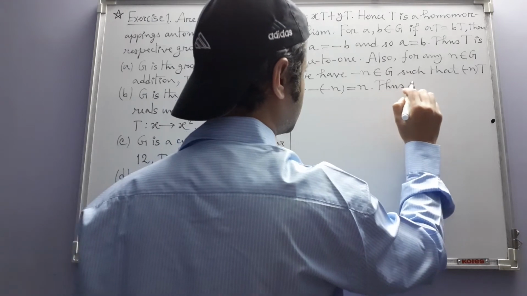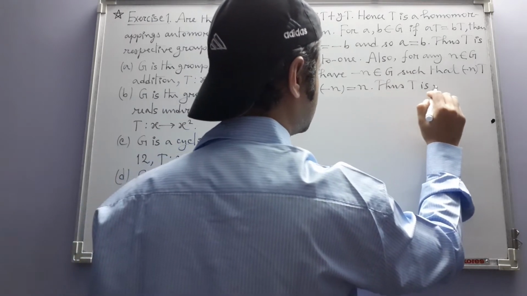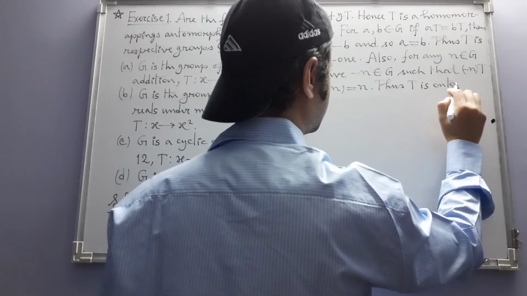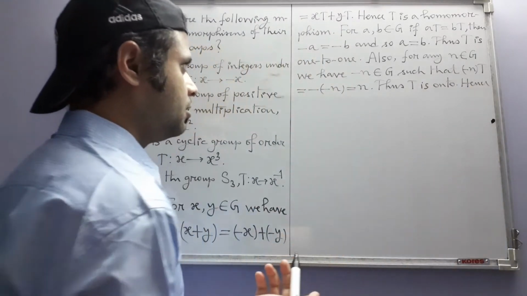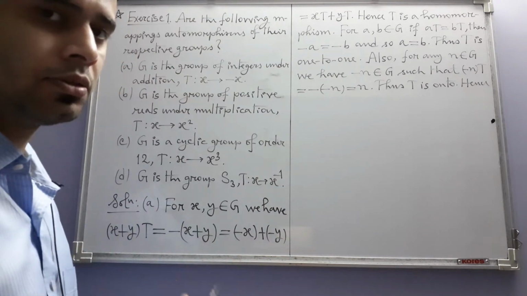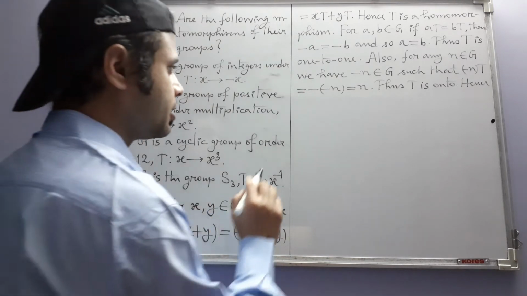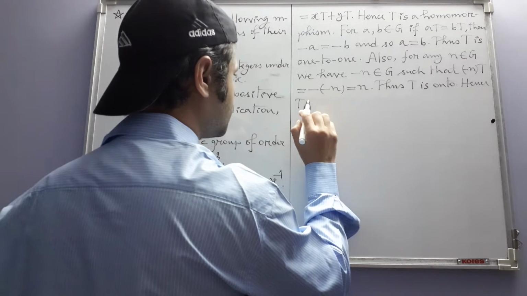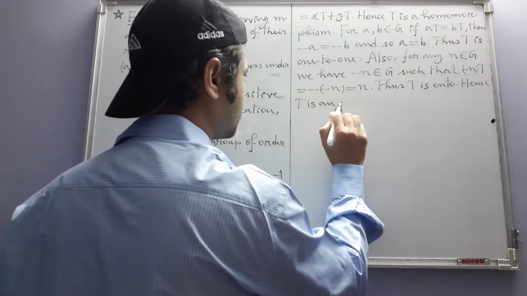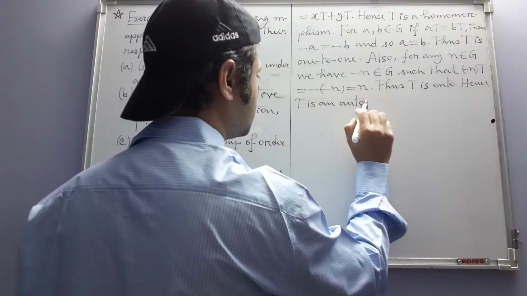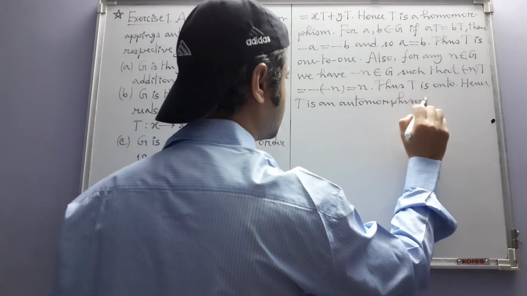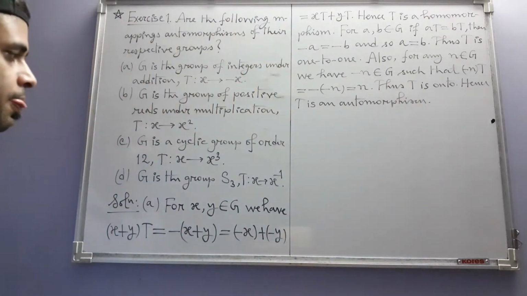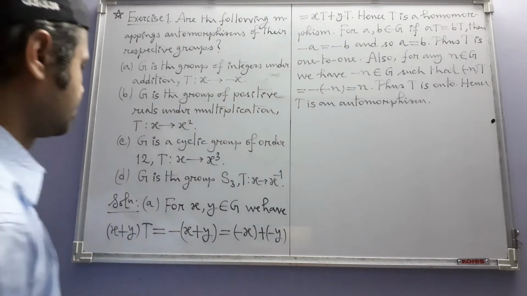Thus t is onto. So t is a homomorphism that is both one-to-one and onto. Hence t is an automorphism. So this is part A.